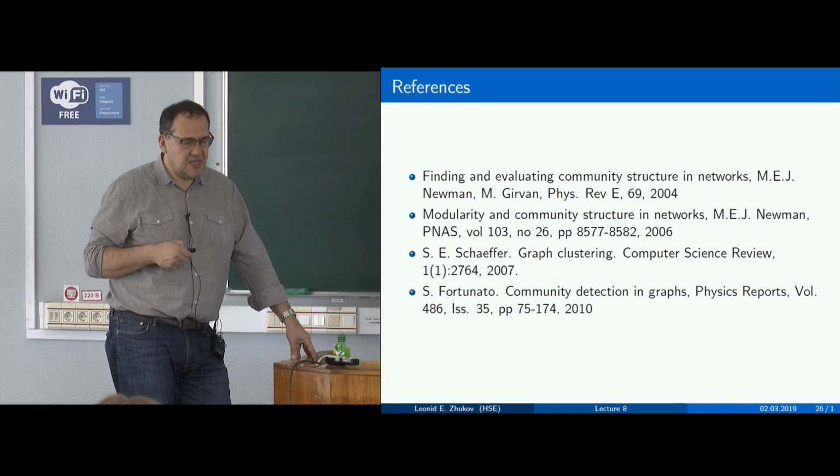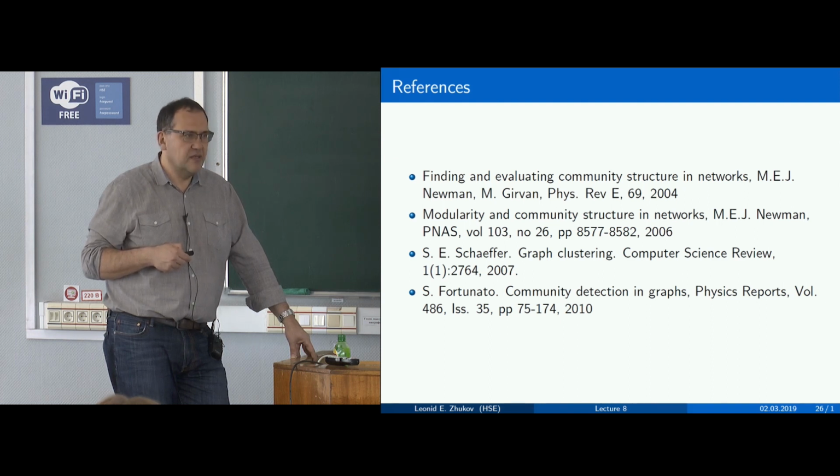So the same way here. You take your network, you run a bunch of algorithms, and we're going to talk about those algorithms next time, and you check by different metrics which one gives you better partitioning. The only difference from supervised learning is that there is no ground truth here. So it's somewhat more like clustering, not like supervised learning.